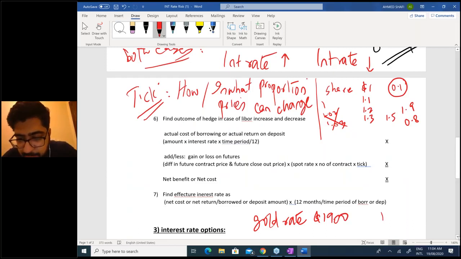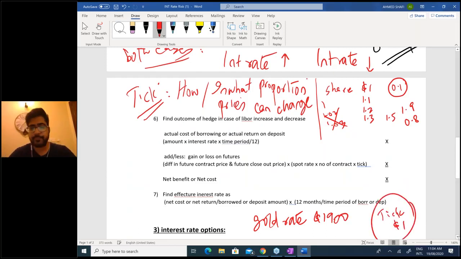The tick of gold markets is $1. That means gold rates can move in lots of $1. So if the gold rate is 1900, it can be 1901, 1902, 1899, 1888, 1885, 1905, 1906. It can never be the case that gold rates are 1900.2 or 1900.5. They cannot move by 0.2 or 0.5 because the tick, the fluctuation lot, is $1. So it can move in pieces of 1, like 1900, 1901, 1902.